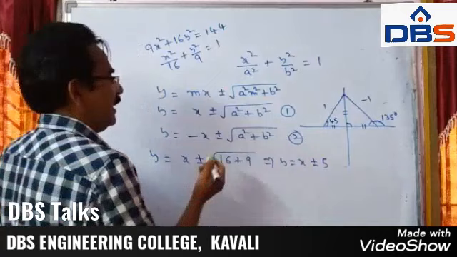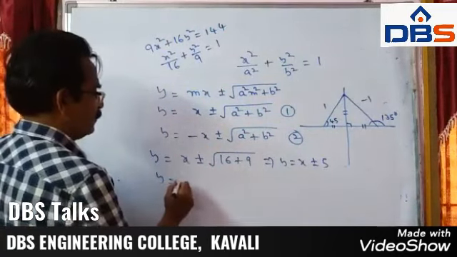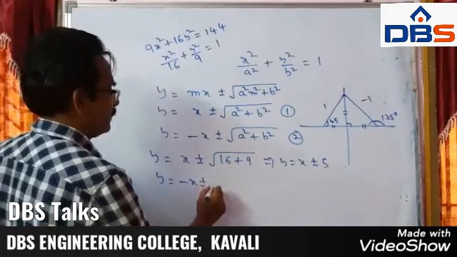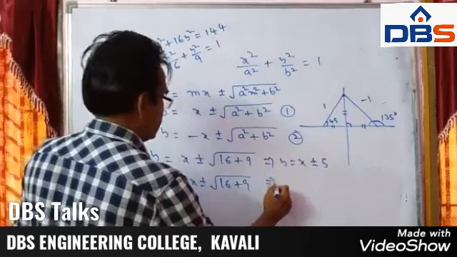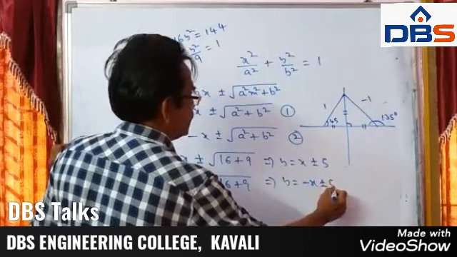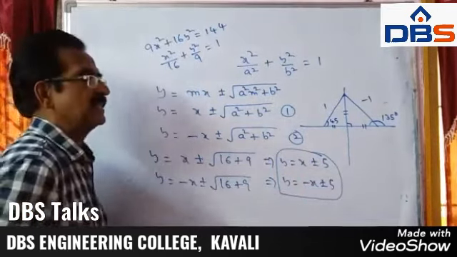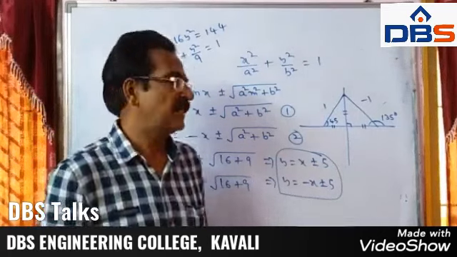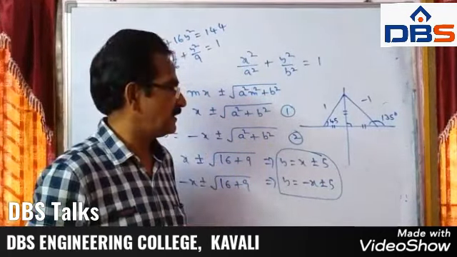And by substituting, y is equal to minus x plus or minus root of 16 plus 9, so y is equal to minus x plus or minus 5. These are the equations of the tangents which make equal intercepts with the axes.